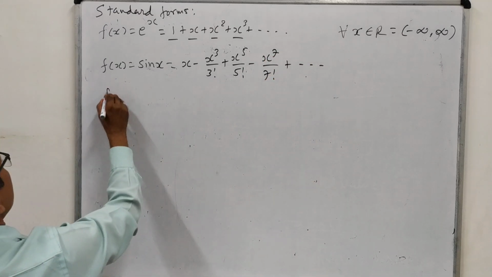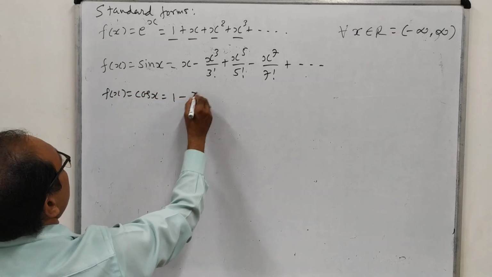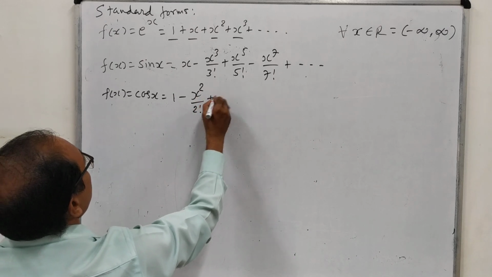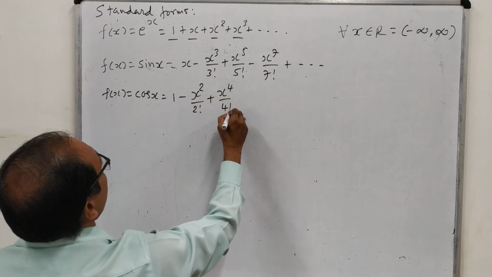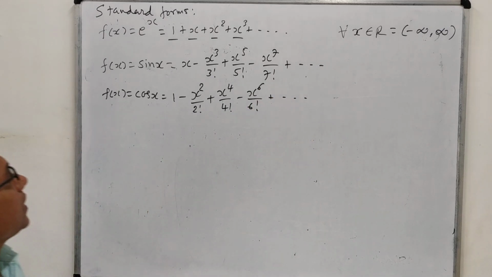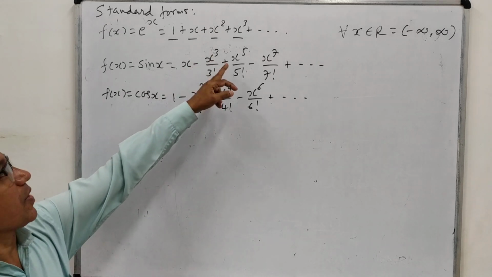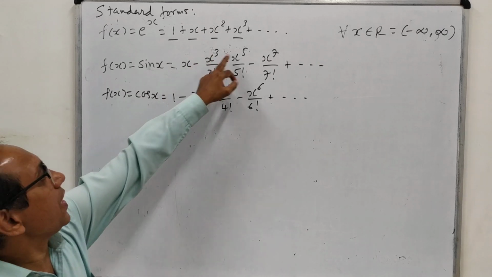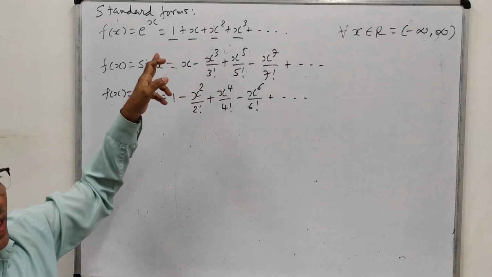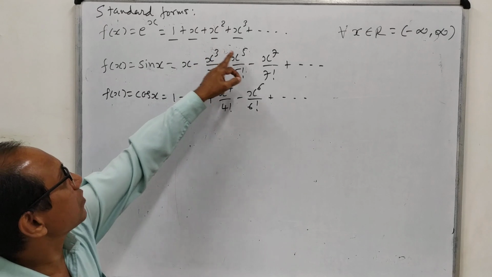And similarly f of x equal to cos x has the series 1 minus x square by 2 factorial plus x raised to 4 by 4 factorial minus x raised to 6 by 6 factorial plus dot dot dot. So here you can see that all are power series because these are in powers of x, and these have been obtained by using the Maclaurin series. Sin x contains only odd powers of x.